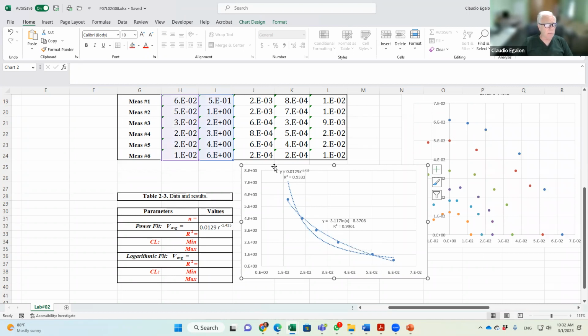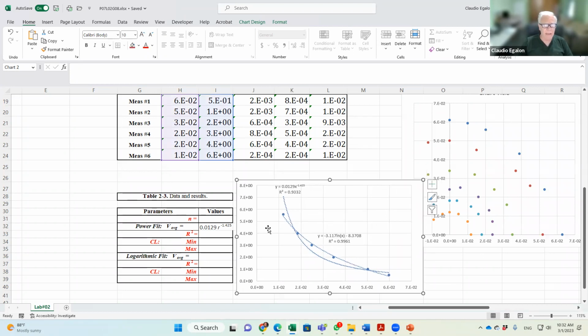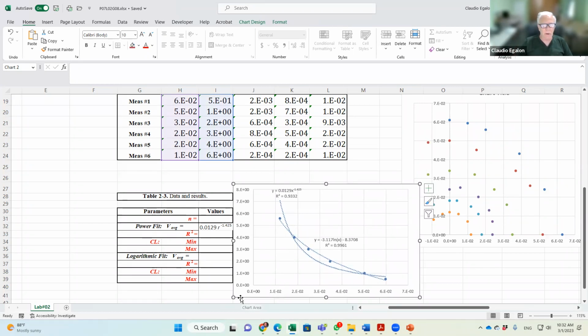Nature is interesting because most of the processes of nature are linear. But then there are many others that are not linear. That would be exponential, logarithmic, or power.